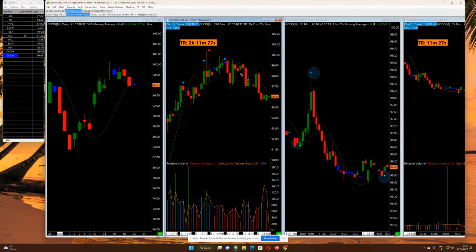Whereas in this instance, this triggered, went against us, still had divergence there, but then obviously went down afterwards. So that I would class as a failed divergence, whereas this one here pretty much triggered and went our way. So obviously you need to have a tight stop on these, and if it doesn't follow through, then you just get out. Simple as that.